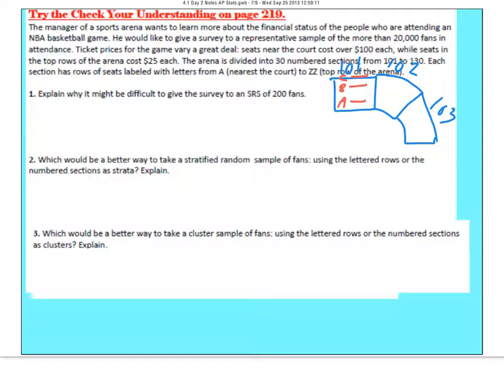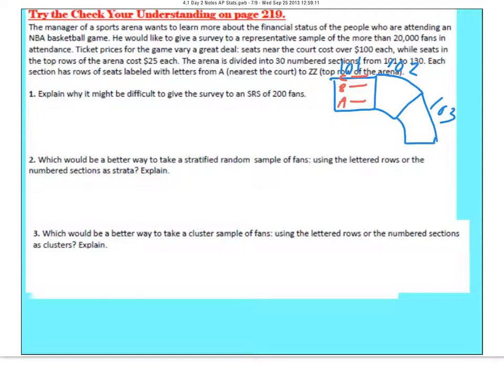And number 1, explain why it might be difficult to give the survey as a simple random sample to 200 fans. And keep in mind, the basketball game is going on. So if you assign every single seat a random number in the stadium, which you could, if there's 20,000 seats, we would do 5-digit numbers for every single seat, and you'd pick 200.